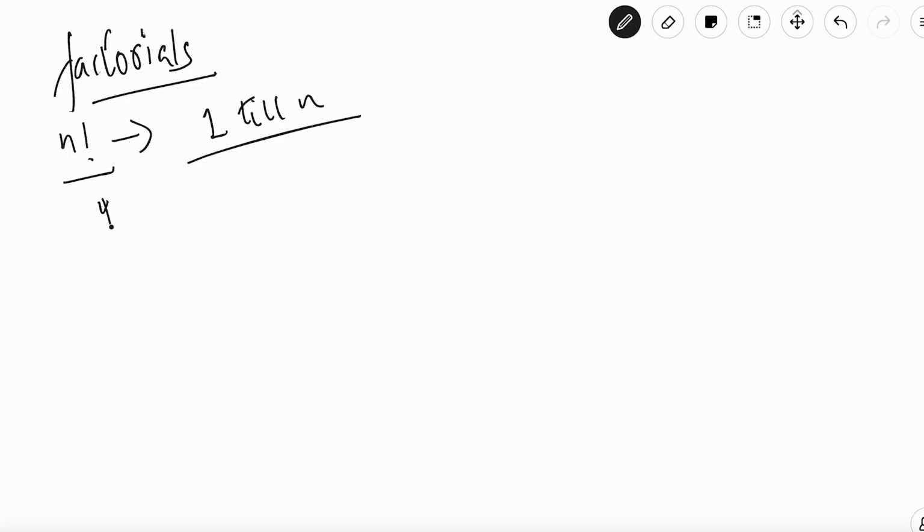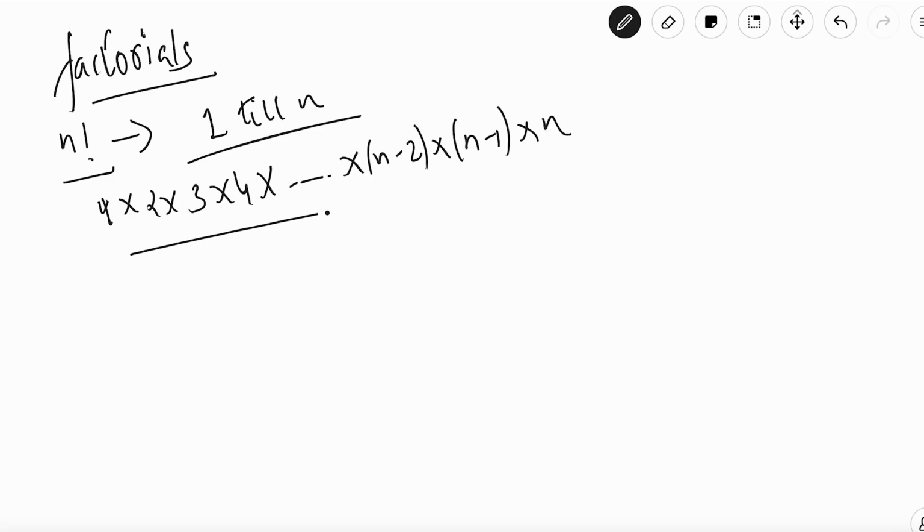So it could be 1 into 2 into 3 into 4 and so on, into n minus 2 into n minus 1 into n. This is what n factorial actually means.